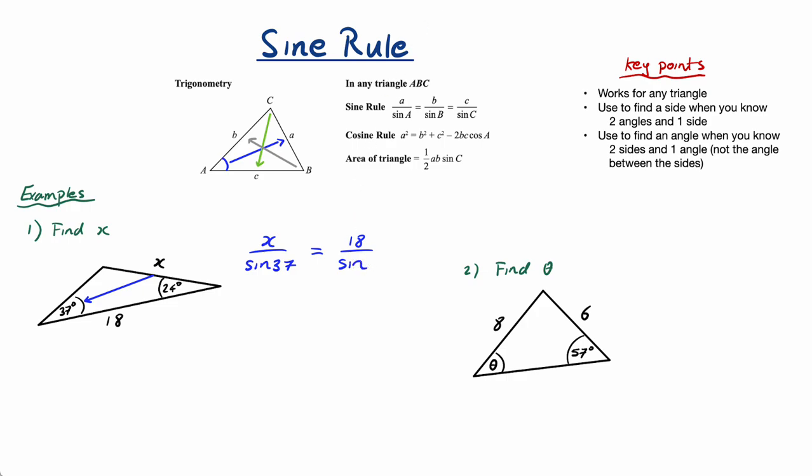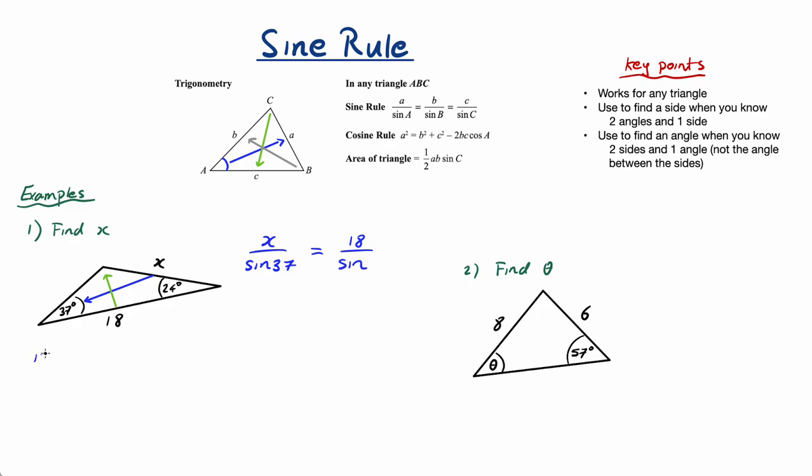Now I've deliberately made this one slightly more tricky than a very basic one because I don't know this angle. A common mistake would be to actually put 24 here, but it's not sine 24. It's sine of whatever that angle is here. Now I don't know what it is, but I can quite easily figure it out because this is a triangle.